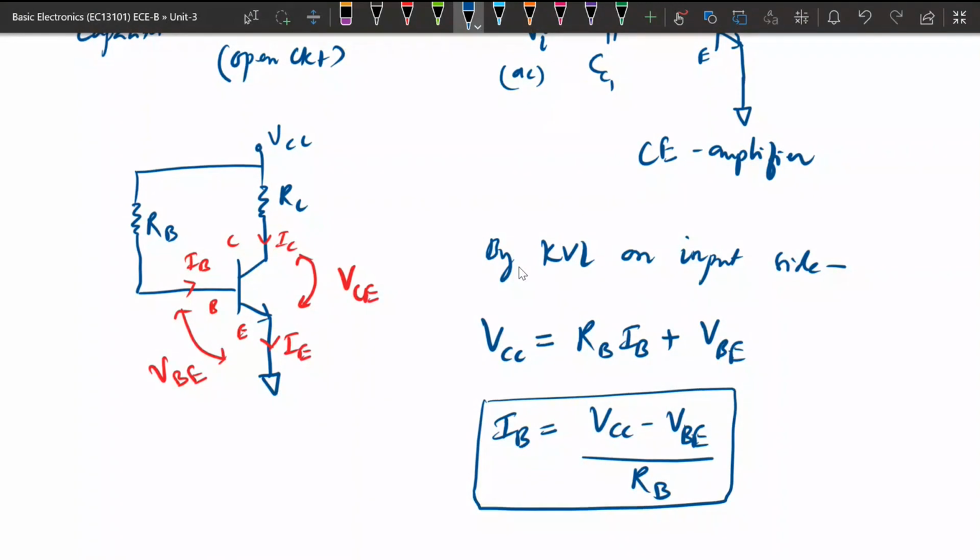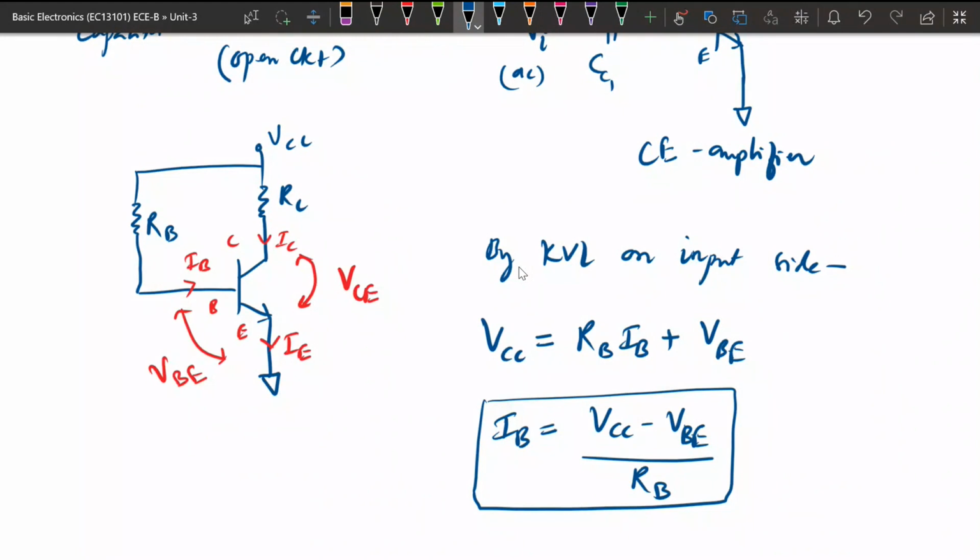In the previous class, we saw that by varying the base to emitter voltage, we vary the IB current. With that, the collector current varies, and the collector current decides VCE. So IC and VCE together set the operating point.